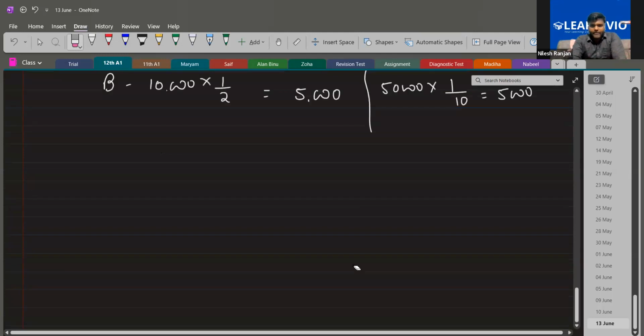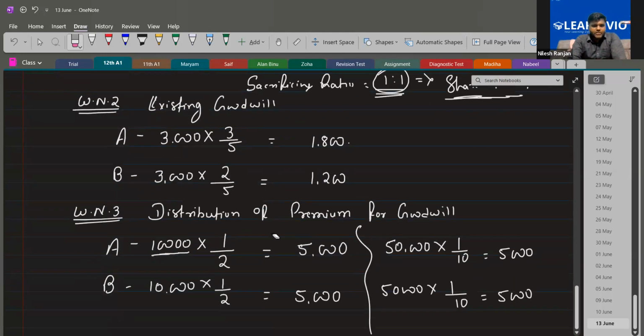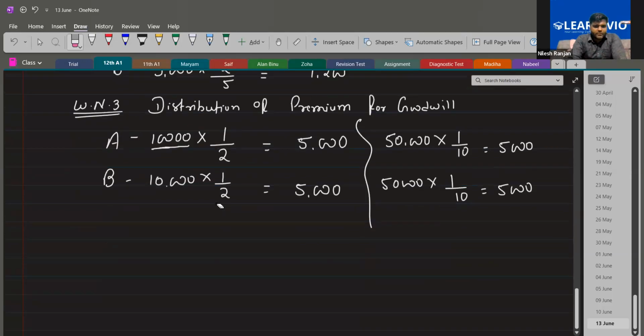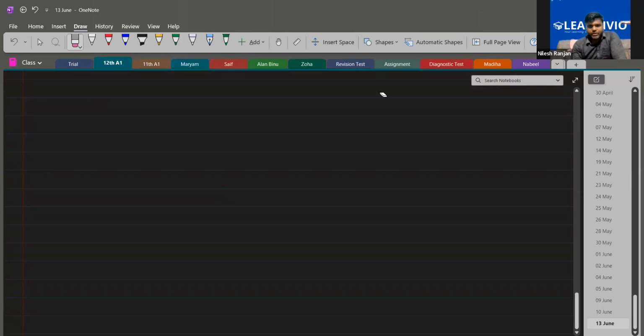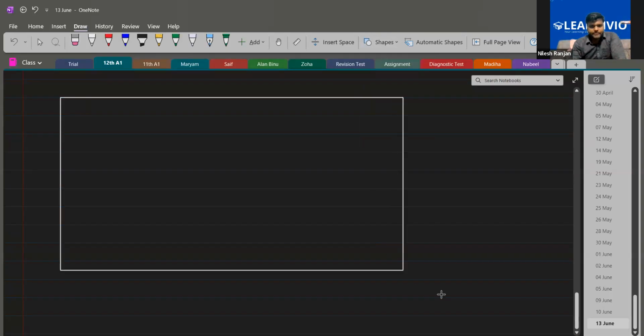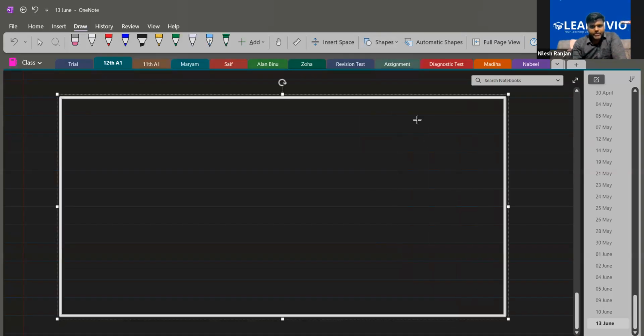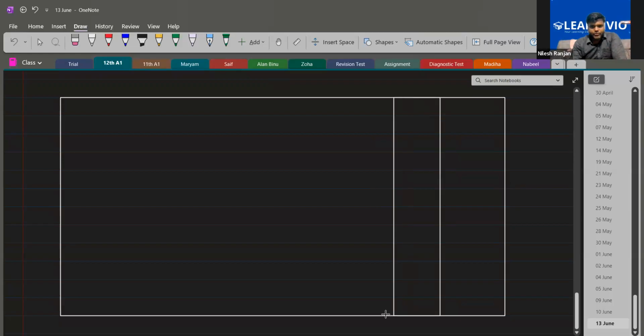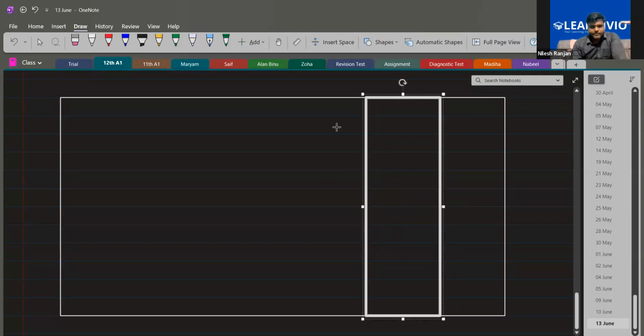So now we have calculated the value of goodwill, then the existing goodwill is written off. Now we will pass the journal entries. There will be, I think, 2-3 entries only.